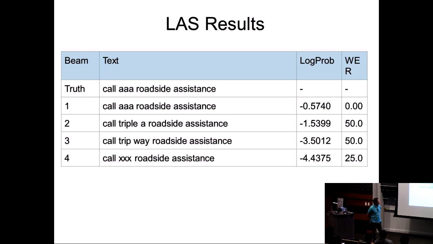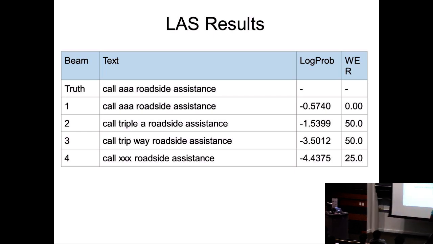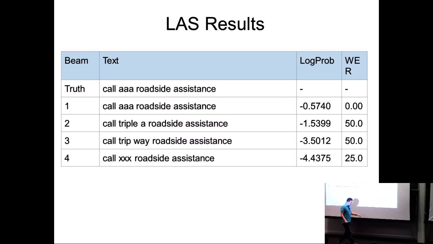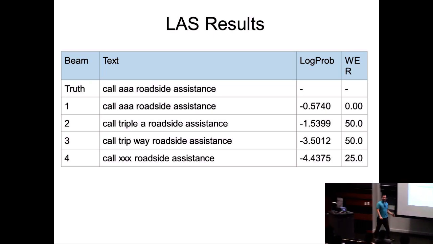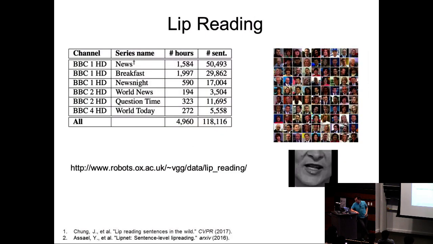The third one was "call trip way road assistance," and "call XXX road assistance." So you can see that the log probabilities go down, along with the word error rate. So obviously you choose the best one. Sometimes, this is also funny, "call cheap way assistance," because you can sometimes make a mistake.